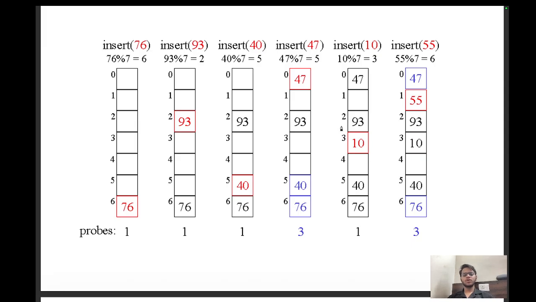Now let me explain more clearly what I mean. If you look at the fifth bucket, there is 40 stored here, so you can't store the element here. So you skip this and you go on to the sixth bucket. Here also there is an element, 76, and you cannot store your element here because an element already exists.